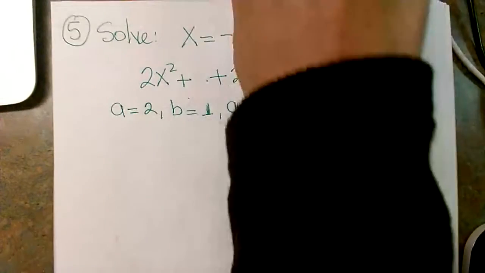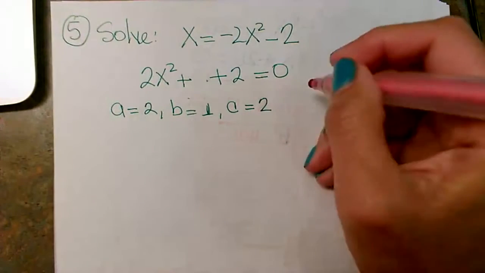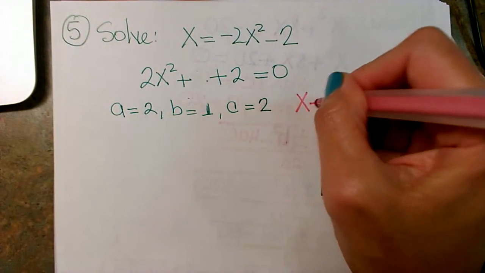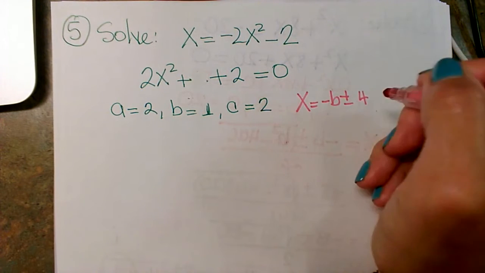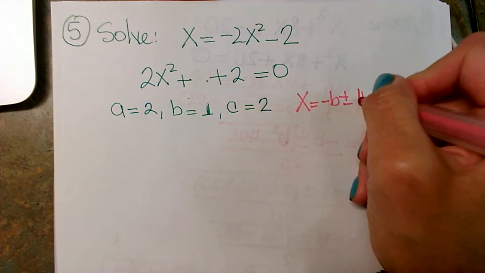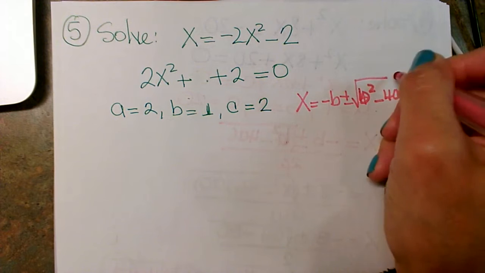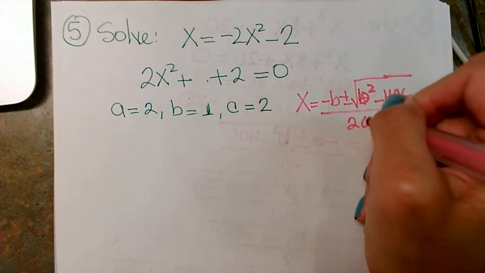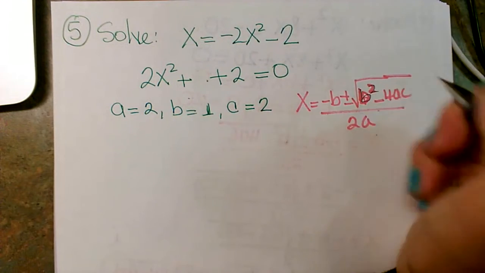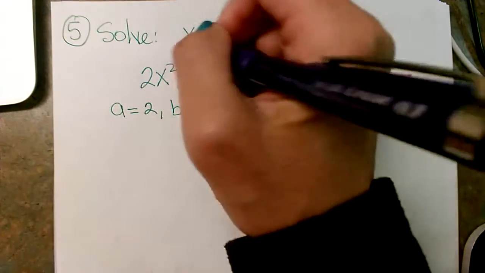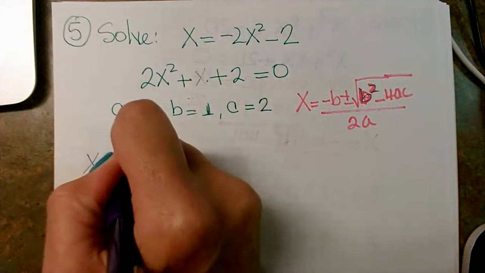Then I'm going to apply this square root property. I don't know why I want to write the 4 since the beginning. B squared minus 4ac over 2a. There we go. So I have an x here. Don't forget that. So let's do it.